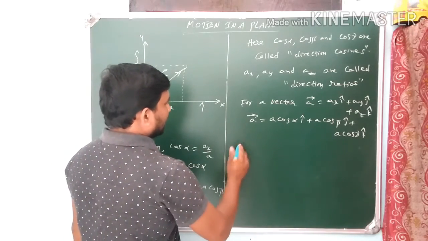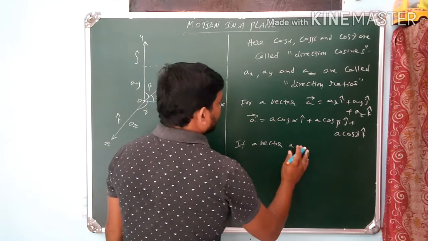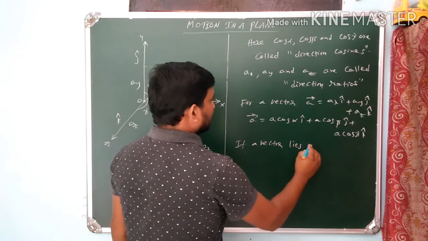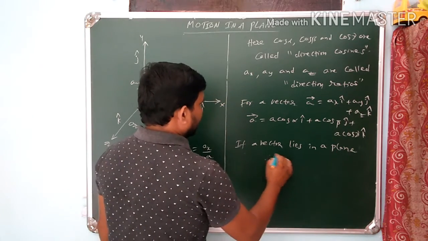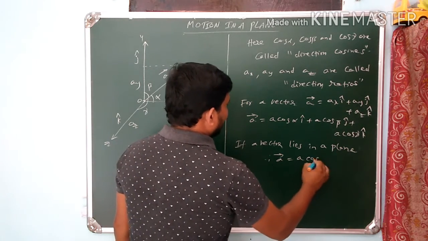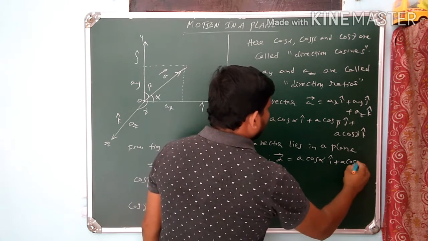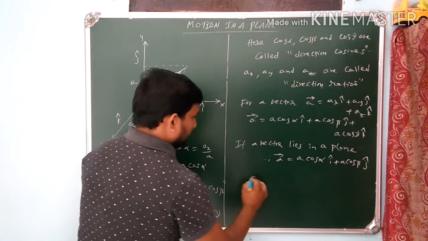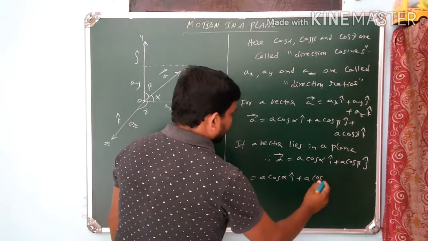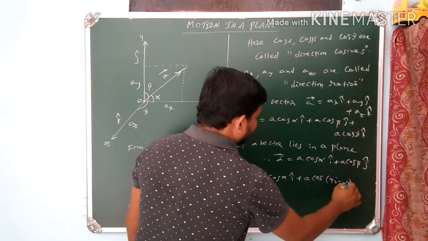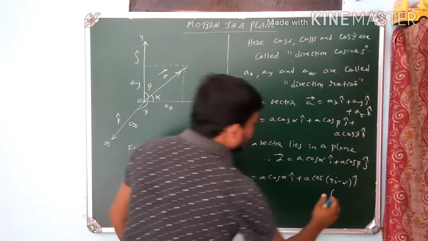Suppose a vector lies in a plane, with only two coordinates. Therefore we write a bar is equal to a cos alpha i cap plus a cos beta into j cap. This can be written as a cos alpha into i cap plus a cos of 90 minus alpha into j cap, because alpha plus beta is equal to 90 degrees.